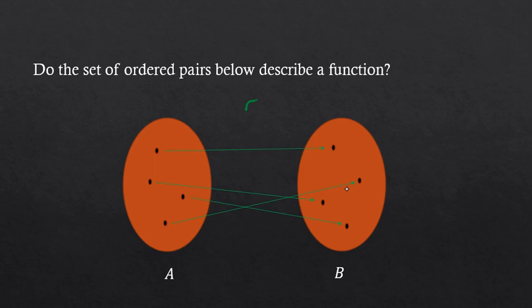So in the context of these arrows here, if we had two arrows going from one dot here to two separate dots here, then that would not be good. Then we would not have a function. As long as there's an arrow going from one dot here to one dot here, that's fine. And we see that that is what we have happening. Each of these guys here gets sent to one and only one guy in this set B. So yes, we do have a function here.